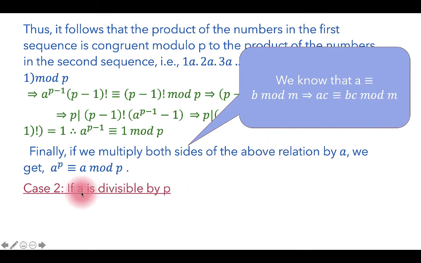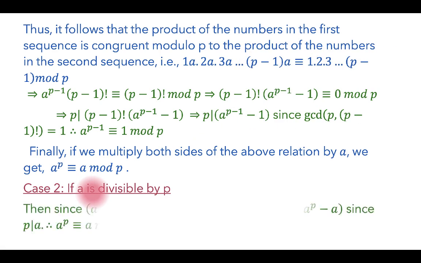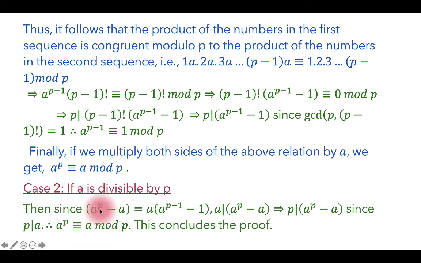Next, let us consider case 2, that is when a is divisible by p. Then the difference a raised to p minus a can be expressed as a into a raised to p minus 1 minus 1, and it is obvious that this product is a multiple of a, that is a divides a raised to p minus a.